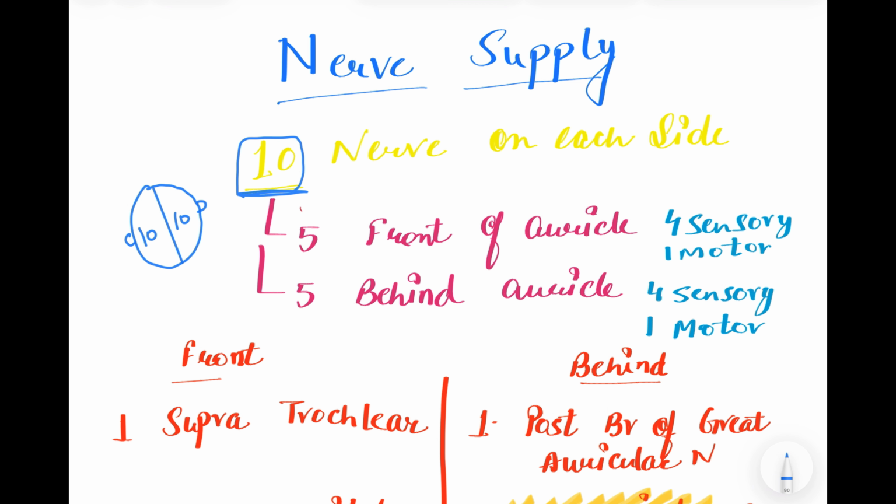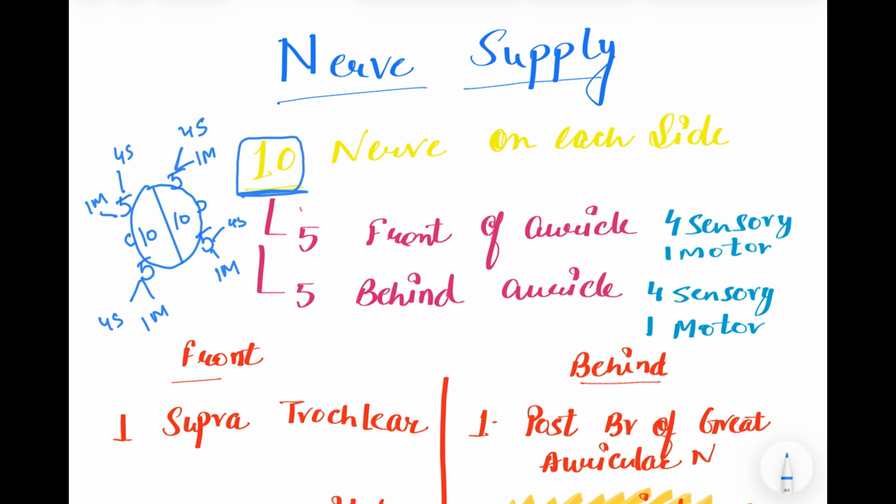I have 5 in front of the auricle and 5 behind it. Among these 5, I have 4 sensory and 1 motor, and the same on the other side. So this is basically the nerve supply.